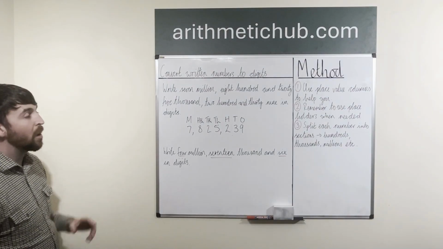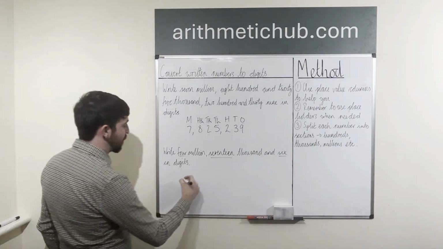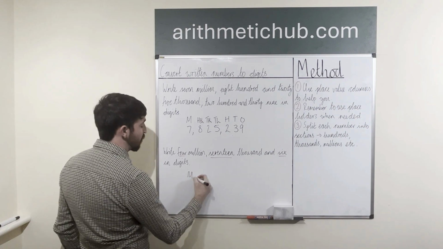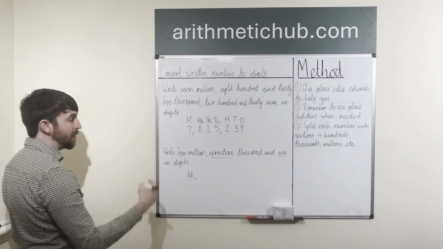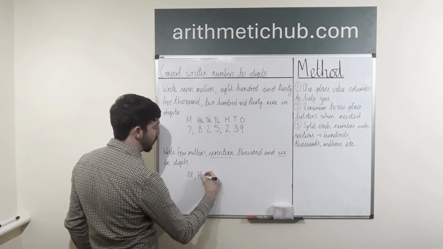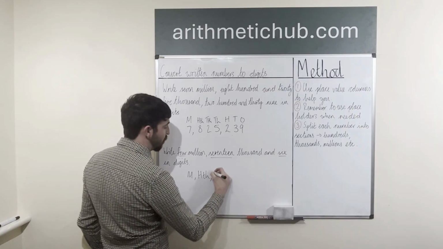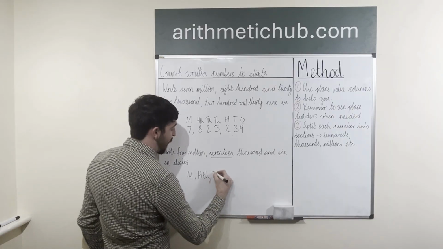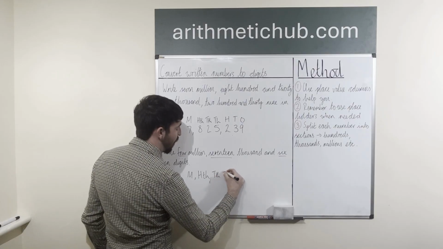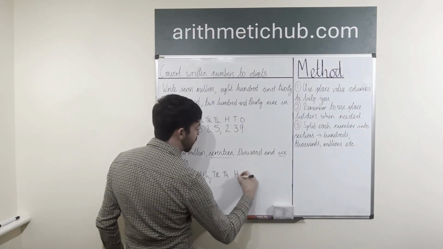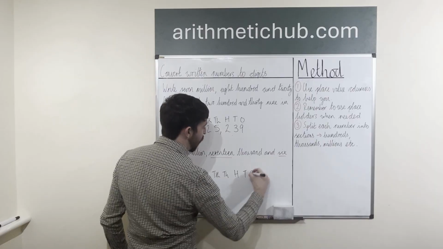Okay? So, again, what we're going to need is our place value columns. It's millions, so we know there's going to be the millions column, and then we're going to have to fill in all of the other columns because it's going to be a 7-digit number. Millions, 100,000s, 10,000s, thousands, hundreds, tens, ones.